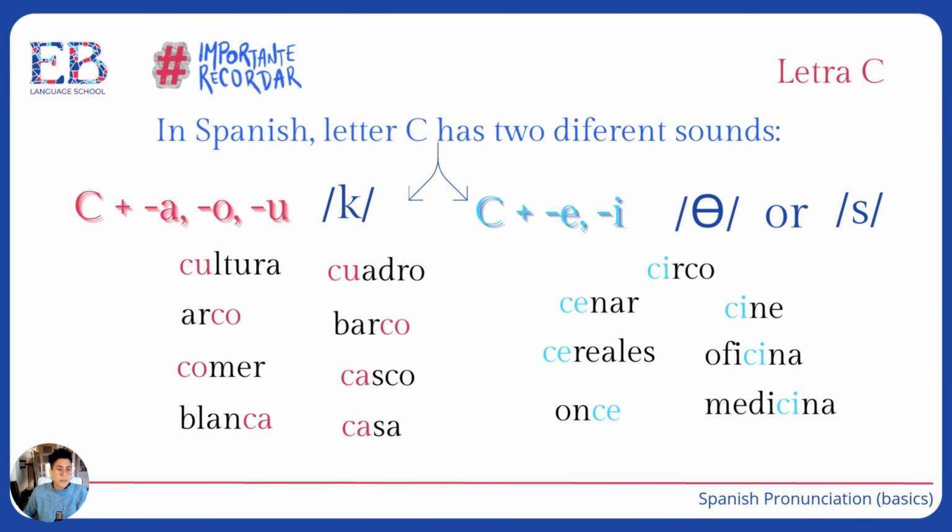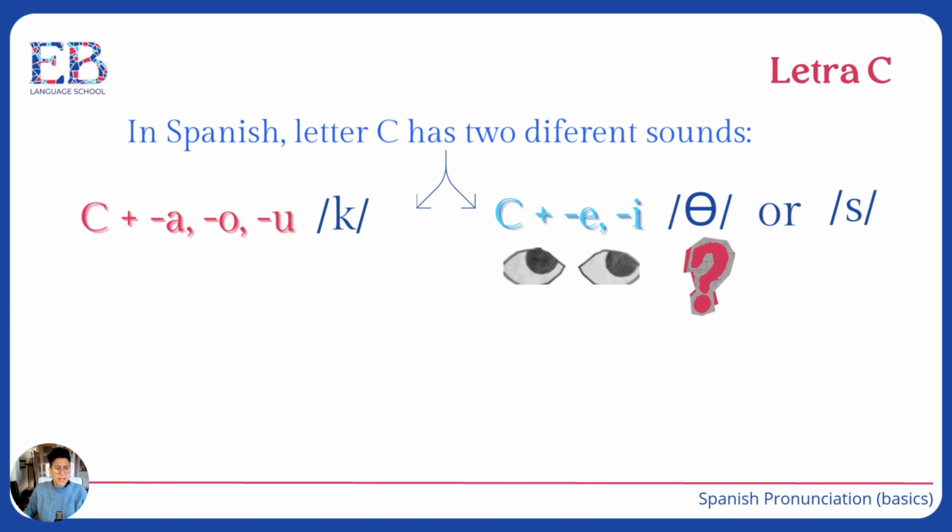So we have the sound k, like ka, ko, ku, but we have, and here we go, not two sounds but three sounds: the, thi, or se, si. Why is that, and what does this symbol mean?